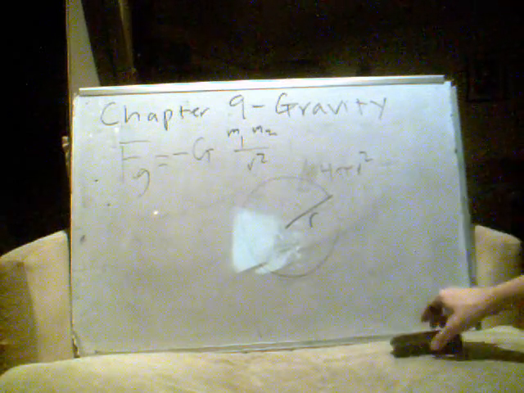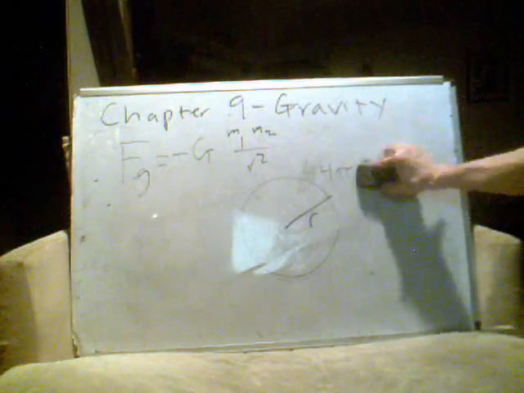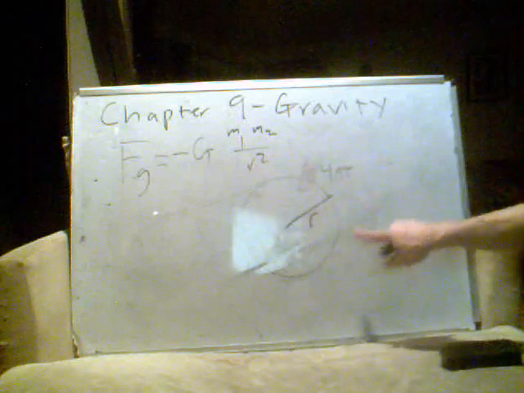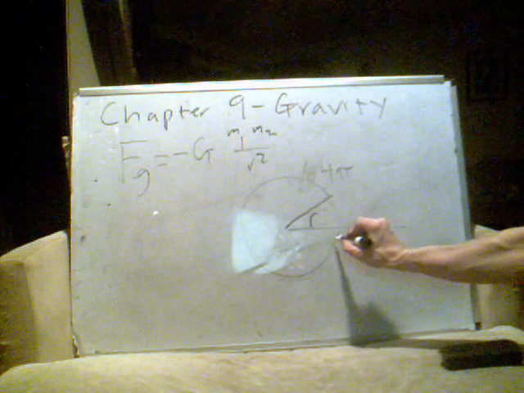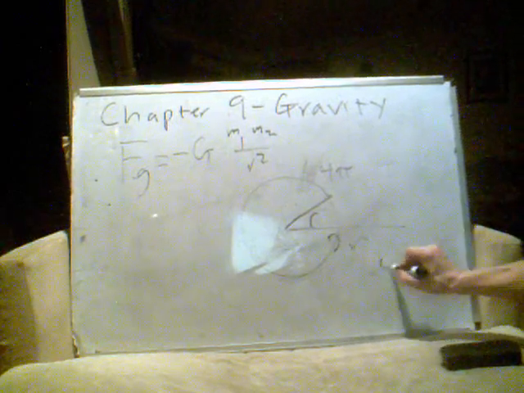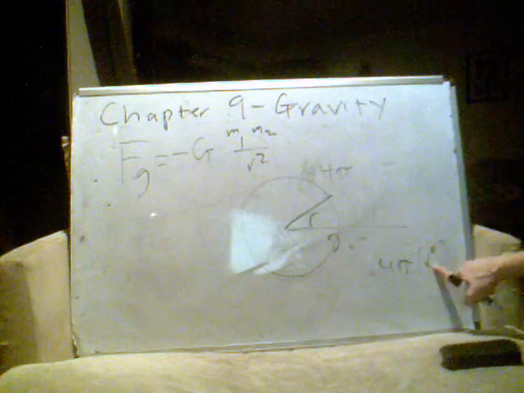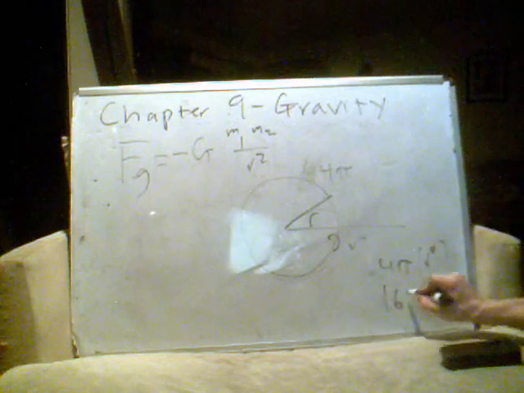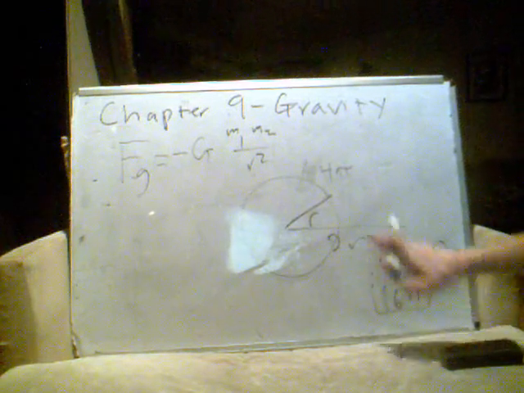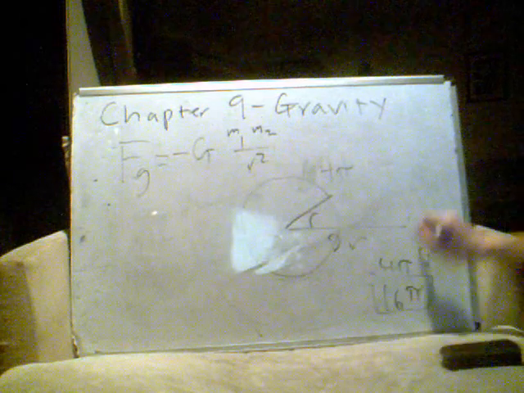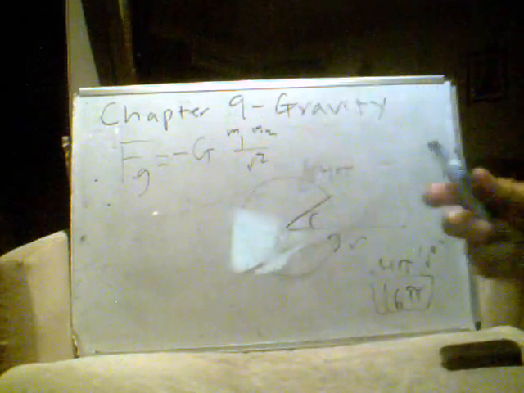Now let's just say that r is 1. Then the area of the sphere is 4 pi. But if the distance is 2r, 4 pi times r squared, 2 times 2 is 4, that's 16 pi. So you've got 4 times as much area in this huge sphere out here that the force of gravity is going to be smeared out over.